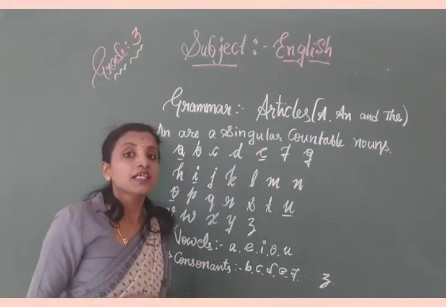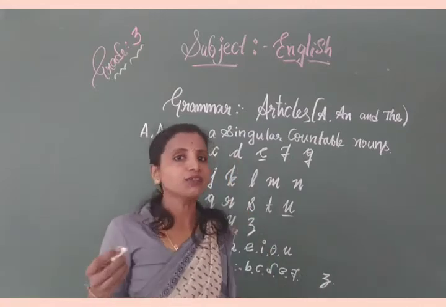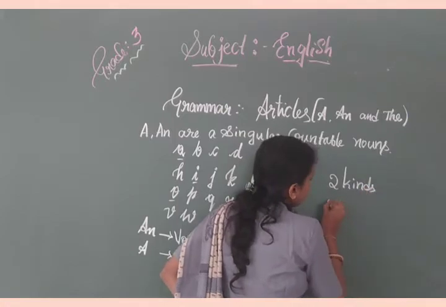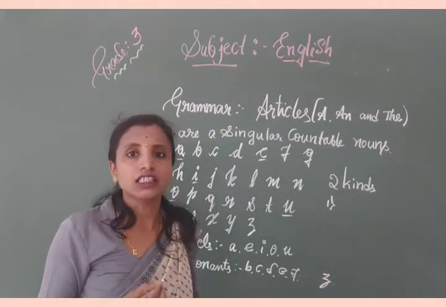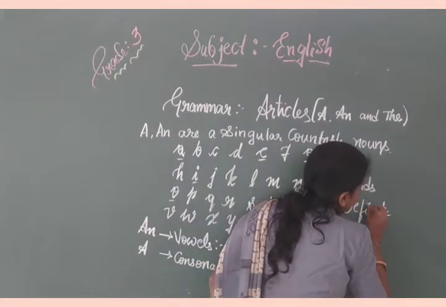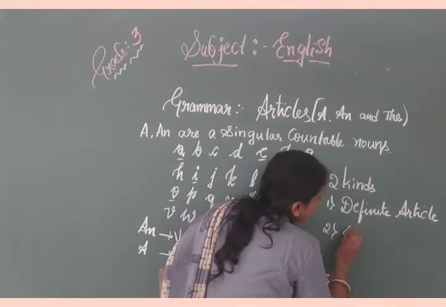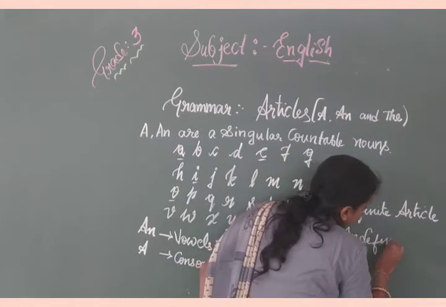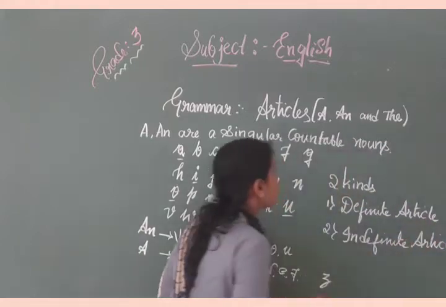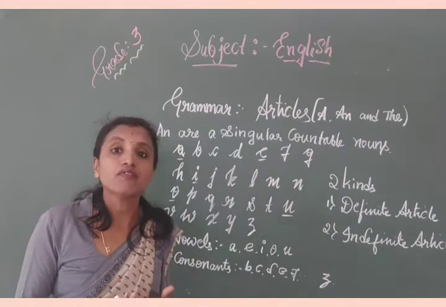Now in articles there are two kinds. How many kinds of articles? Two kinds. One is the definite article, and another one is the indefinite article. Here, a and an come under the indefinite articles.